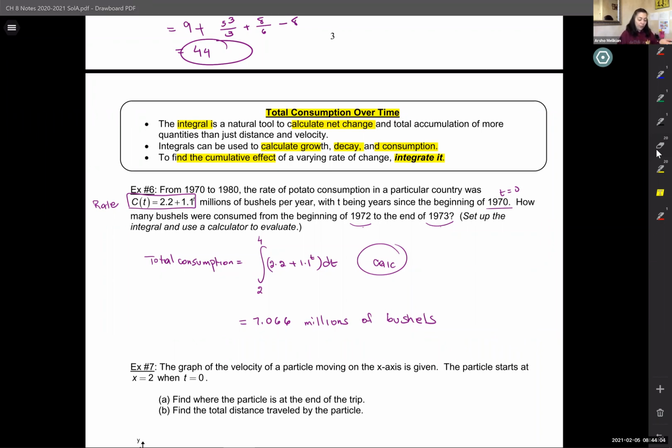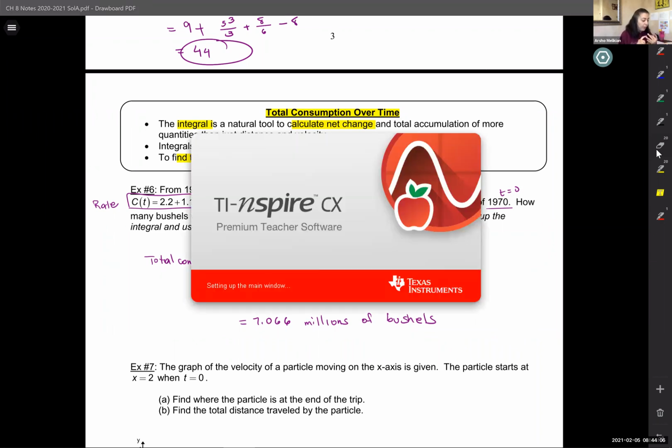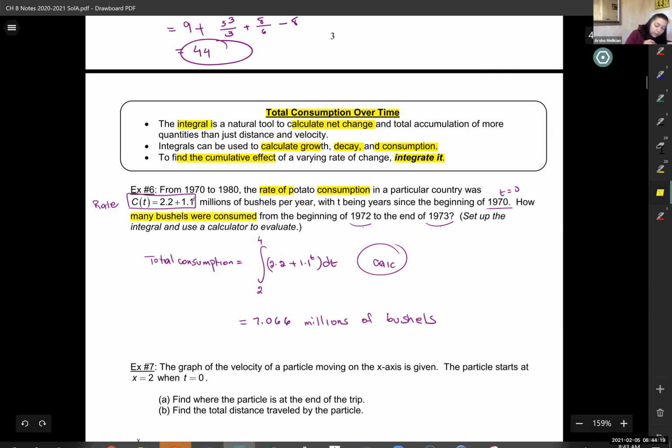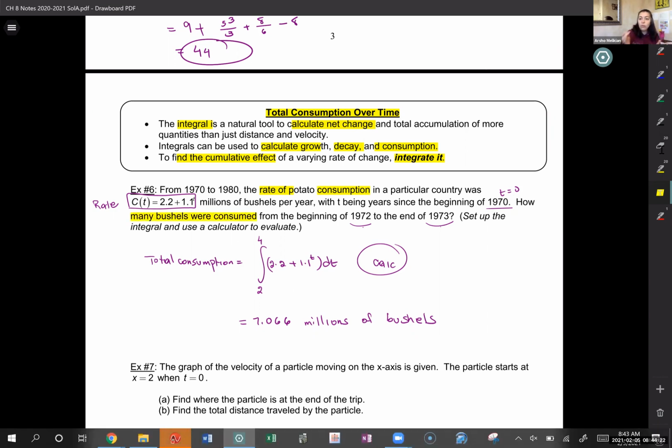So how did we know to do this? We have the rate of consumption. That's the language. What you're given is the rate of consumption, and then you want to find the total consumption. So when you have rate and you need to find total, integrate.